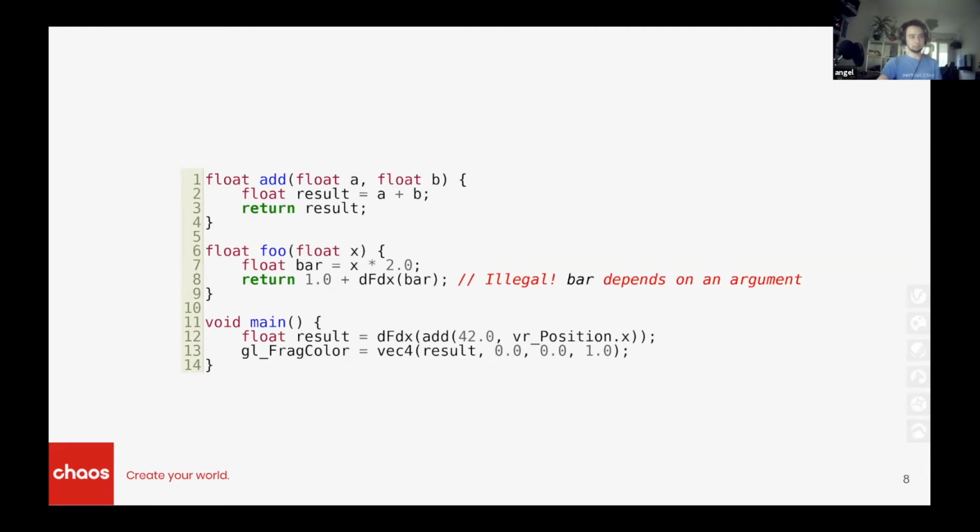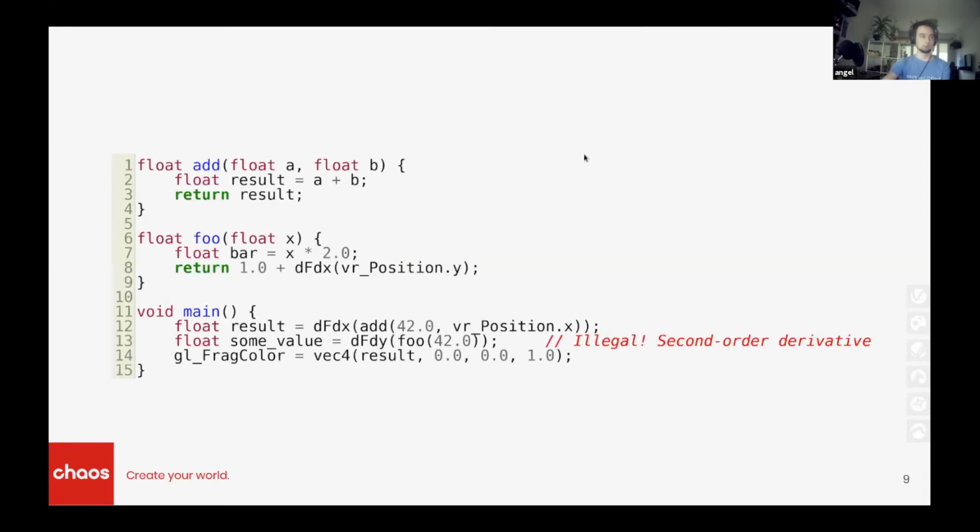So that's illegal because this variable bar depends on x, which is an argument of the function. And we said that we don't compute derivatives for arguments. So let's see something else. If we have a code like this, we have a second order derivative, which is also illegal. So we don't compute derivatives for code such as this.